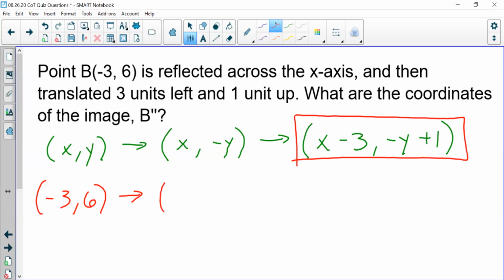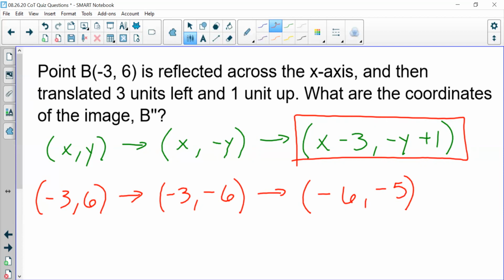With our reflection, x stays the same, so we're still at negative 3, but the 6 becomes a negative 6. And then from there, negative 3 minus 3 ends up being negative 6. But negative 6 plus 1 is negative 5. So that's following the chain of command.